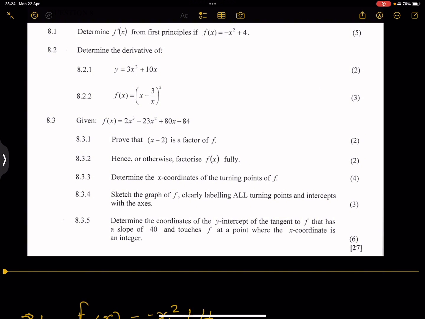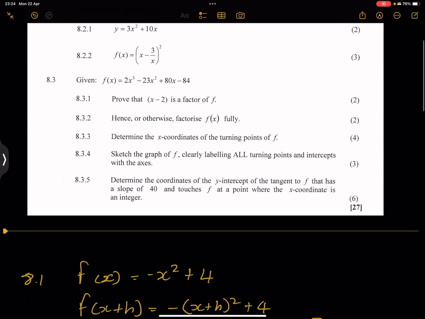So now we go into the cubic function, right? So they say to us, we've got f of x, which is given to us as 2x cubed minus 23x squared plus 80x minus 84.